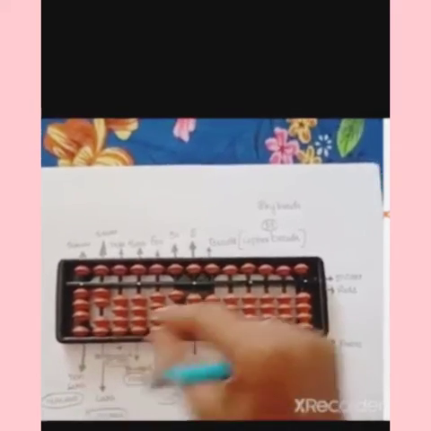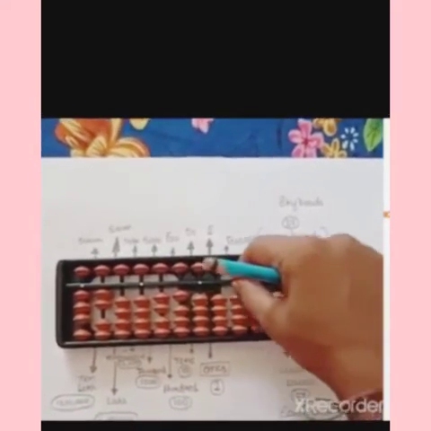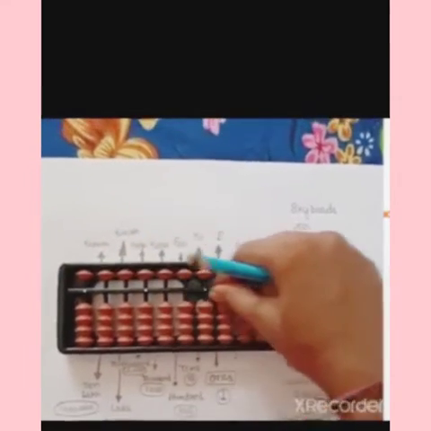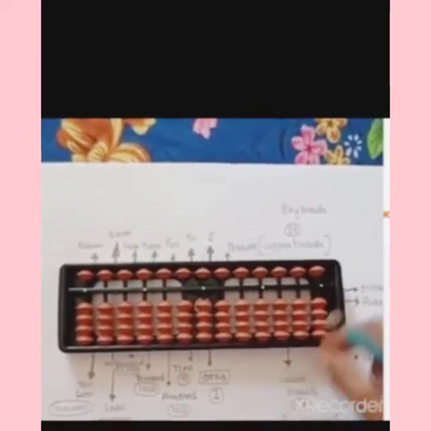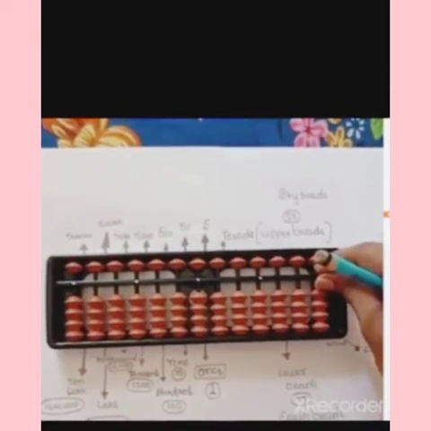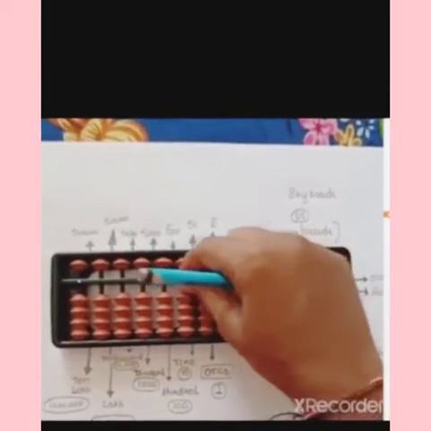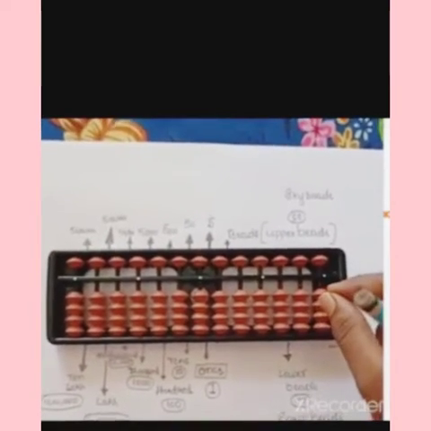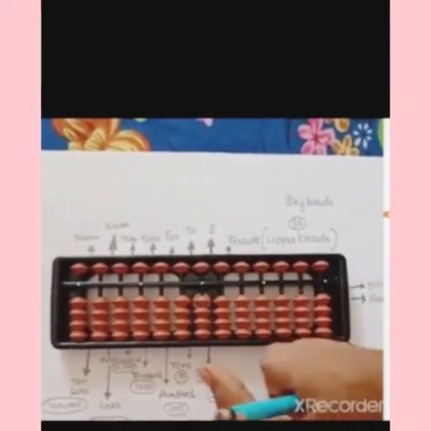Okay, now let us zoom that. This is zooming. We need to hold with the two fingers, that is the divider, and we need to slightly move our hands. This is called zooming. Okay, then we need to use our fingers.